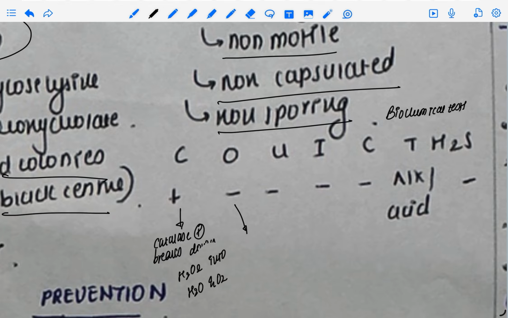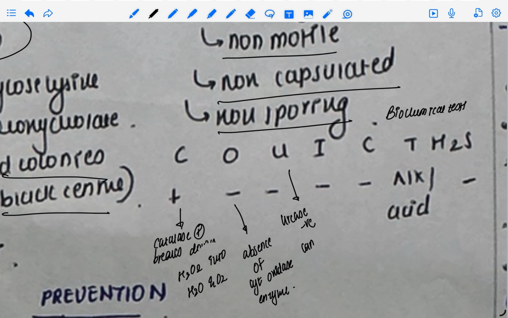It is oxidase negative, which means there is absence of cytochrome oxidase enzyme. It is urease negative, which means it cannot hydrolyze urea into ammonia.